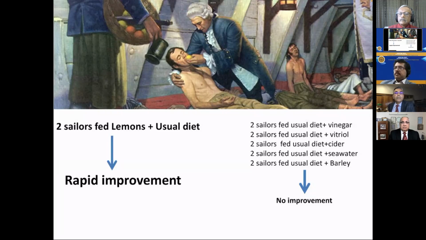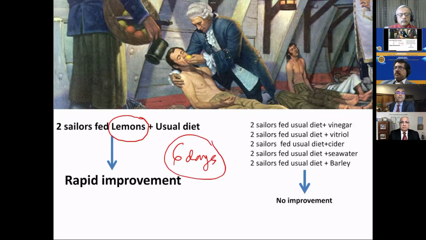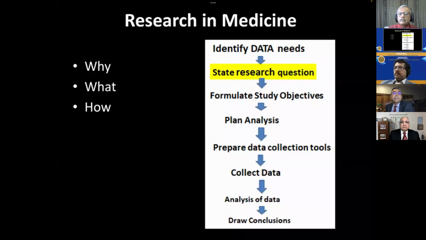And out of them, 2 sailors were given, along with the usual diet, 2 lemons. And what was more interesting was that his stock of lemons ended in just about 6 days. But in that brief span, where the rest of the patients did not have any improvement, these sailors had rapid improvement. He left the job, published his data 6 years down, but started with something called a clinical trial.